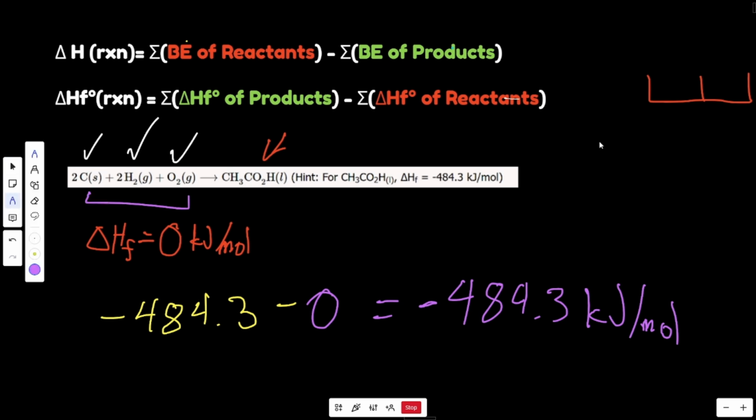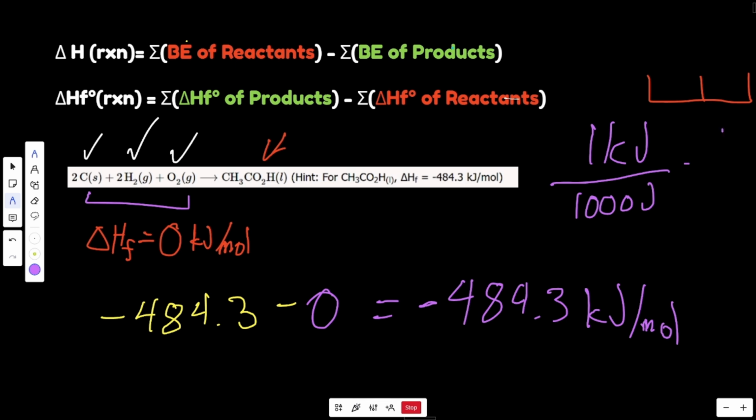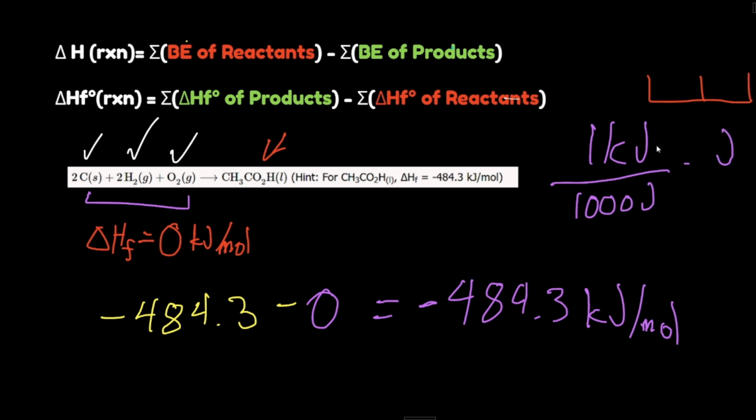For every kilojoule, there are 1,000 joules. So if you want to convert joules to kilojoules, all you have to do is multiply the joules by this conversion factor. And if you want to convert kilojoules to joules, well, just flip it around. Okay, so that's the easiest way to do this.